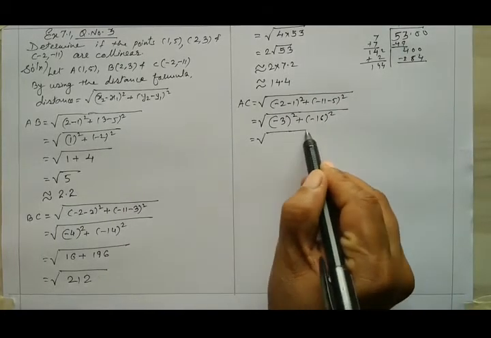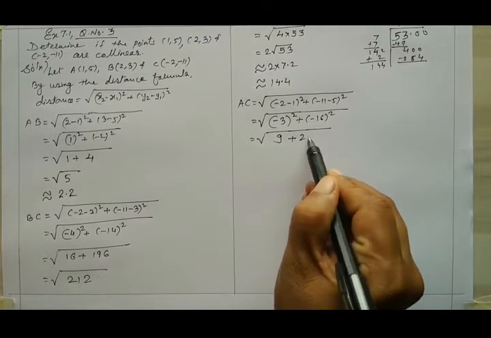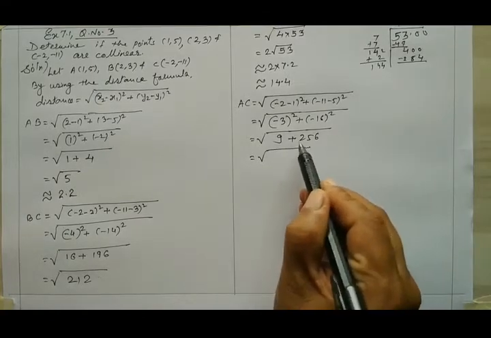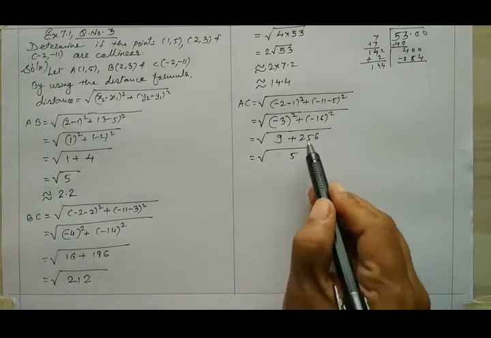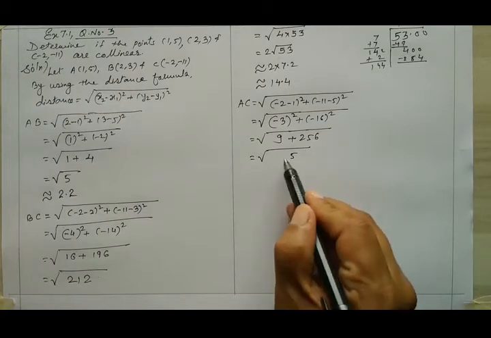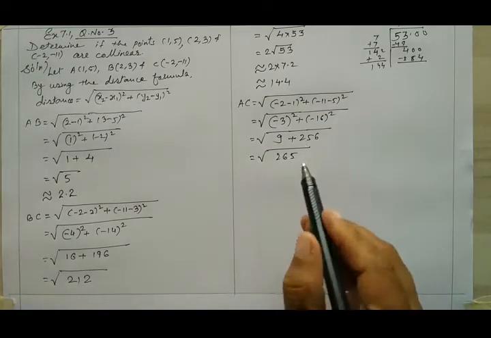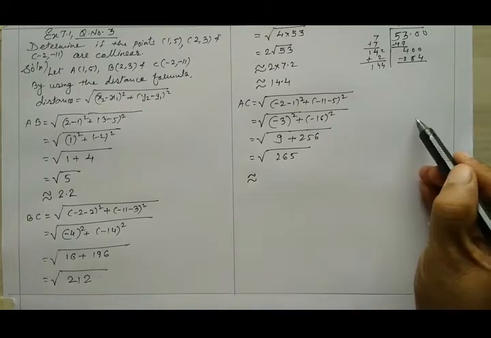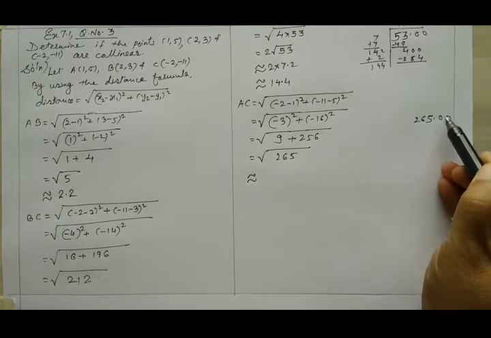Minus 3 square is 9 and minus 16 square is 256. So 9 plus 256 is 265. Approximately, you calculate the square root of 265 up to 1 decimal place.